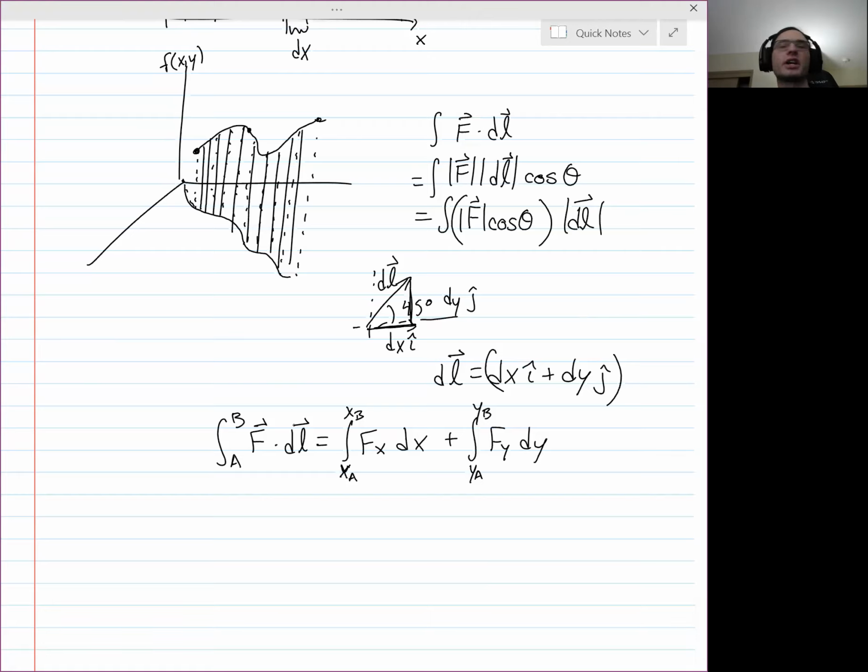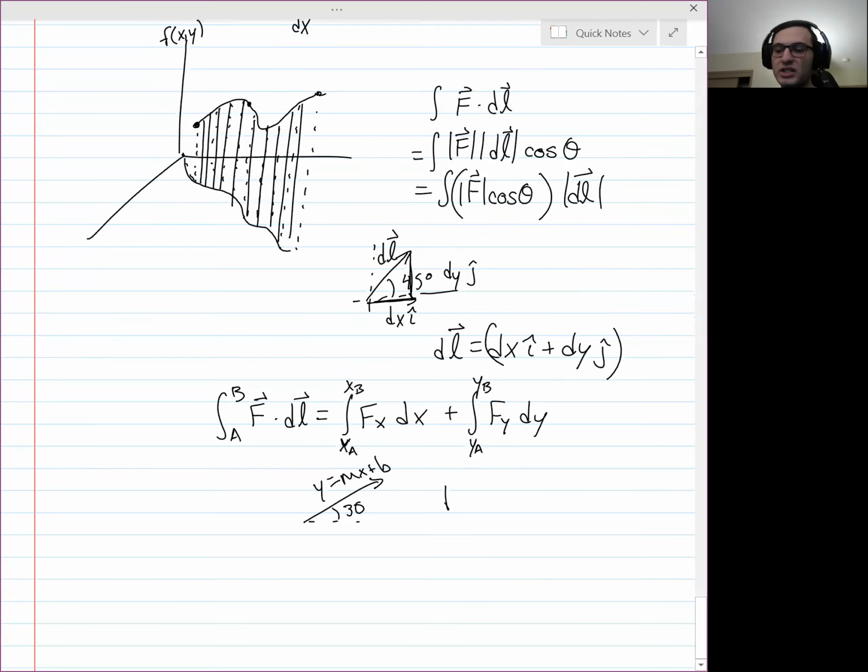So traditionally, you could figure it out using the slopes. This whole argument, like if this was a 30-degree angle, you could describe this line as y equals mx plus b, and then what you could do is you could then just say that dy should be m dx.